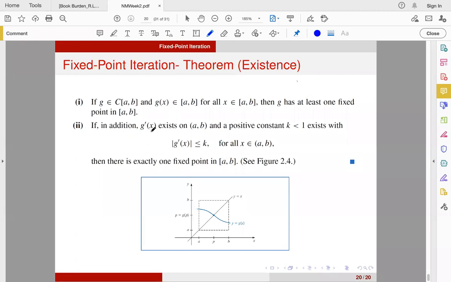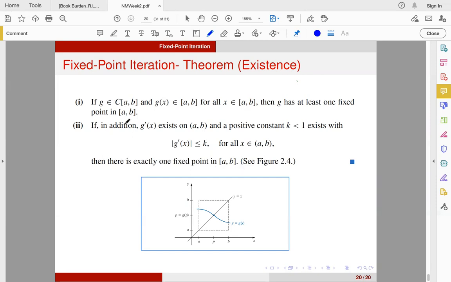In addition, if the first derivative exists on (a, b), and there is a positive constant k less than 1 such that the gradient of the tangent line of the curve of g must be less than k along the interval, then there is exactly one fixed point.